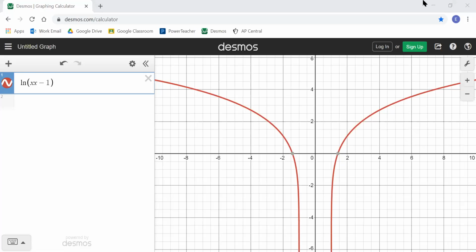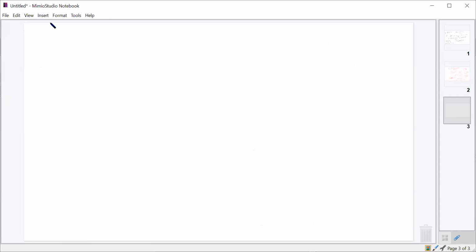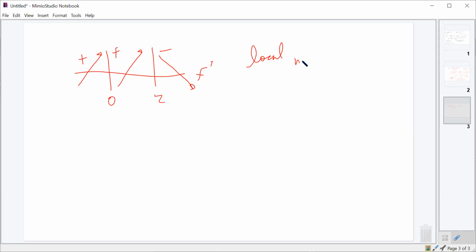You go back to here. So suppose I have a function that my first derivative sign chart looked like this, let's say. And we found that, let's say this was 0, this was 2, and we said we had a local max at x equals 2, right?